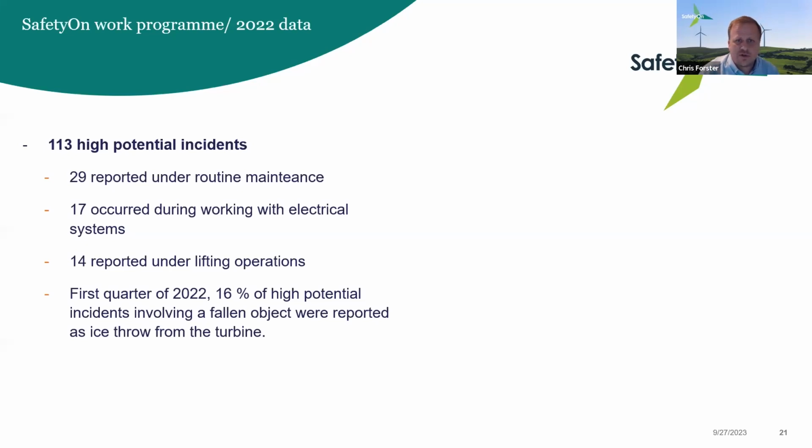17 occurred during electrical work with electrical systems, electrical equipment, machinery and installations, and 14 were recorded under lifting operations. So this includes lifting or lowering of a load, including a person or people. 37 high potential incidents were reported as having involved a fallen object, which is an increase of 4% compared to the previous year.